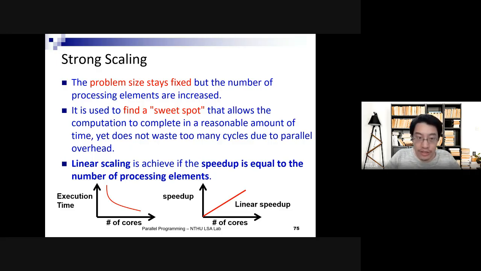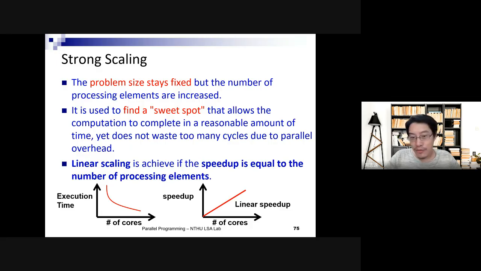The second reason is that it's harder to do strong scaling experiments. Why? Because the execution time will be affected by the scale. When you have more resources, your computation time will reduce, and as the time reduces, it comes with another problem: noise.